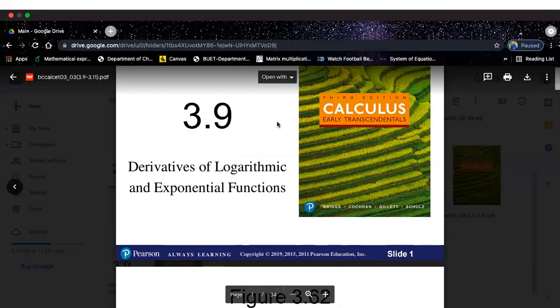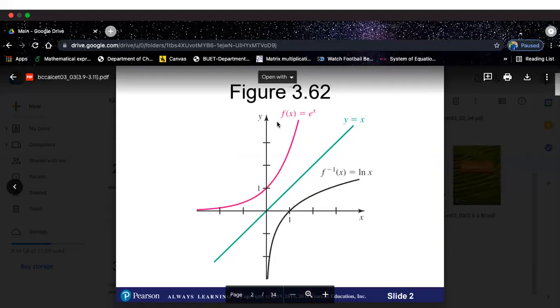So if you remember, a couple of days back, I drew a graph like this. I tried to draw, to be honest, a graph like this, where I showed that the graph of the exponential function and the natural logarithmic function is actually a mirror image of each other.